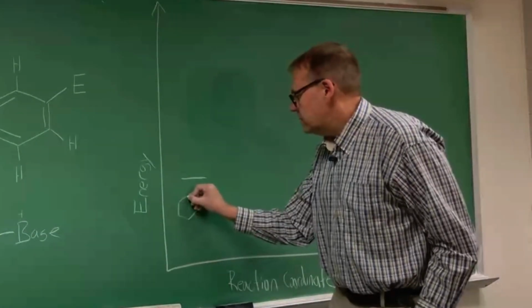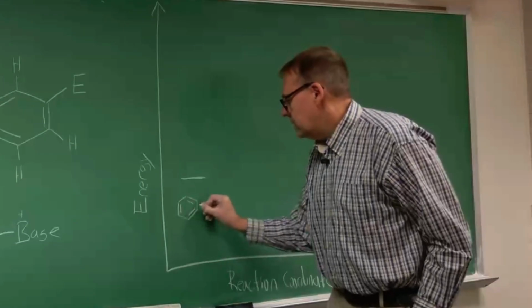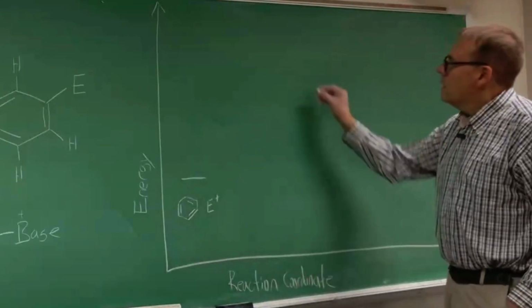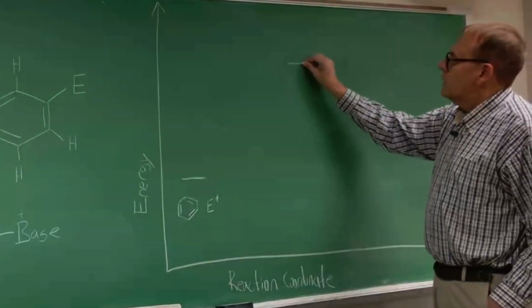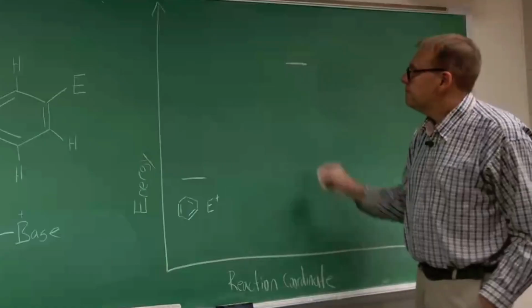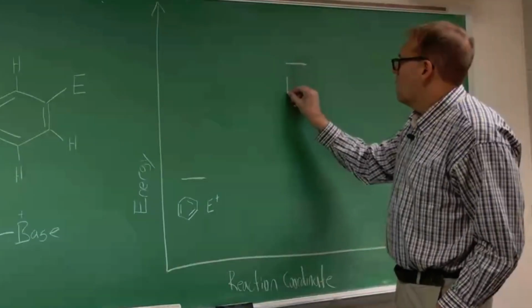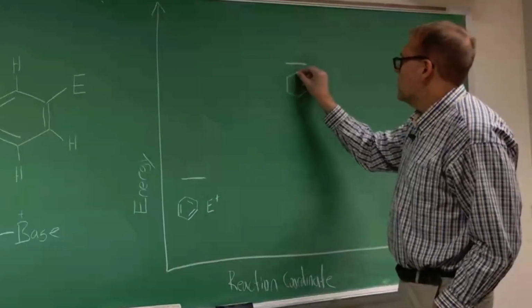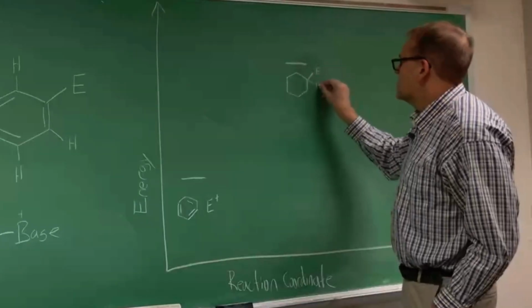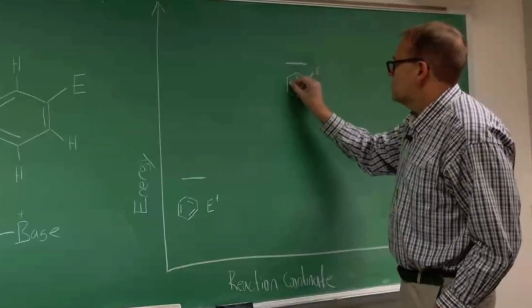This would be the benzene ring and the E+, the two reactants. Then I'm going to draw a line right here to represent the energy of the non-aromatic intermediate. I'll just draw one resonance structure of it because it's challenging to draw all of them. There's not enough space to do it well.